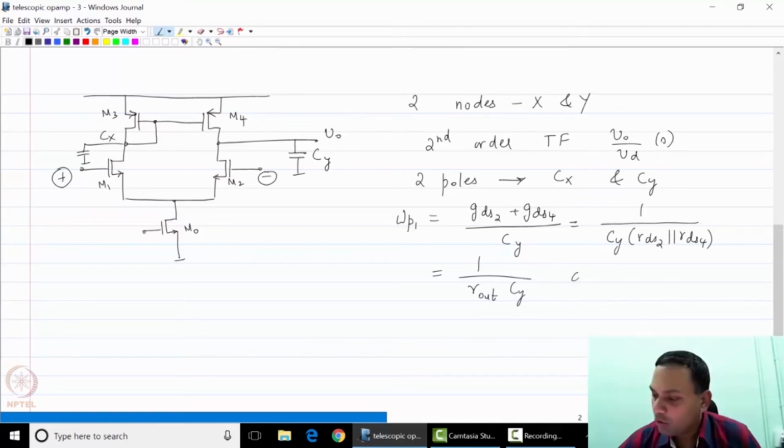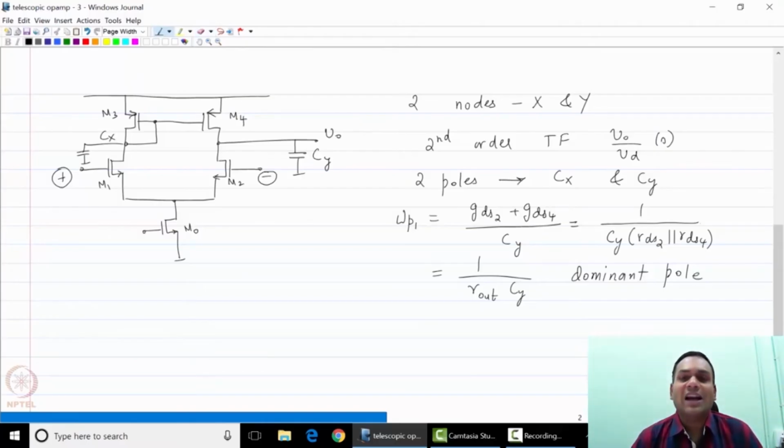This was the dominant pole because R out was extremely large, and it was also assumed that the load capacitance was large enough so that the combination of these two made this the dominant pole.